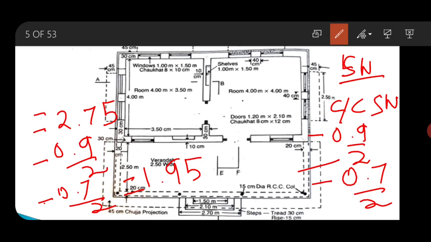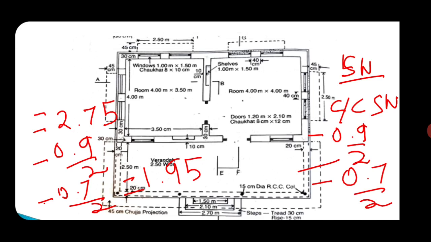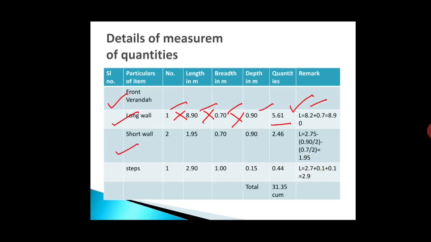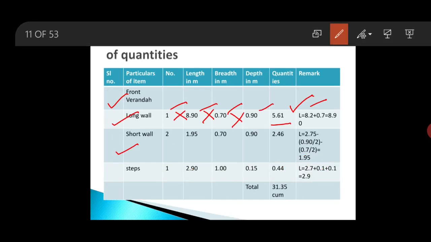So breadth and depth will remain the same. See here, there are two numbers of short wall. The length is calculated by subtracting from the center to center length, that is 2.75, half of the width of excavation of the 30 centimeter wall and half of the width of the excavation of the 20 centimeter wall.